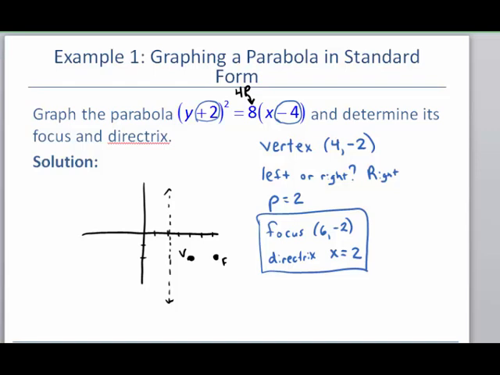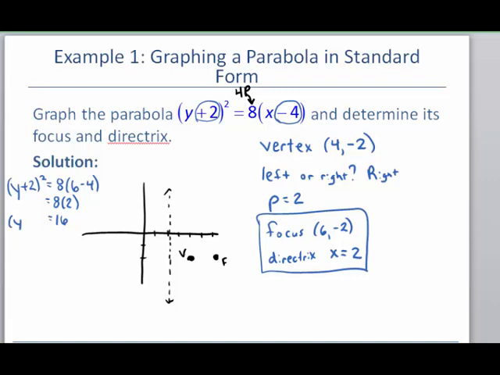So I'm going to come over here and say y plus 2 squared is equal to 8 times 6 minus 4. Okay, 6 minus 4 is 2, and 8 times 2 is 16.